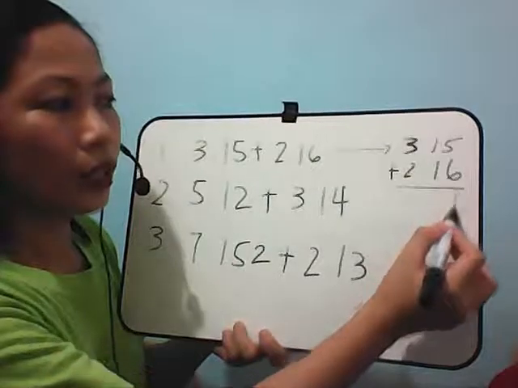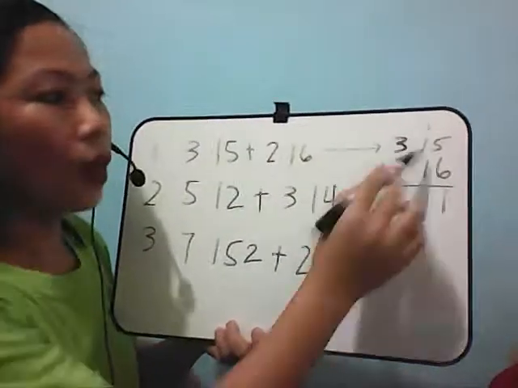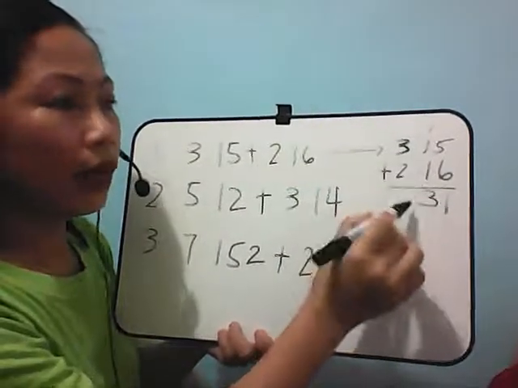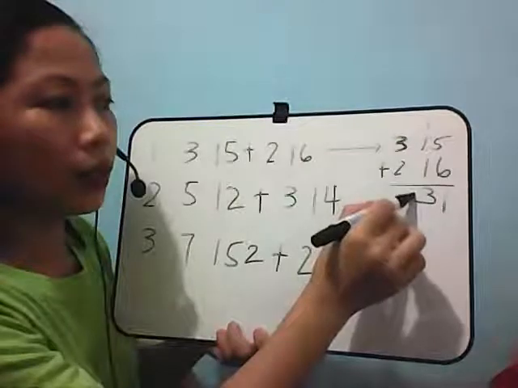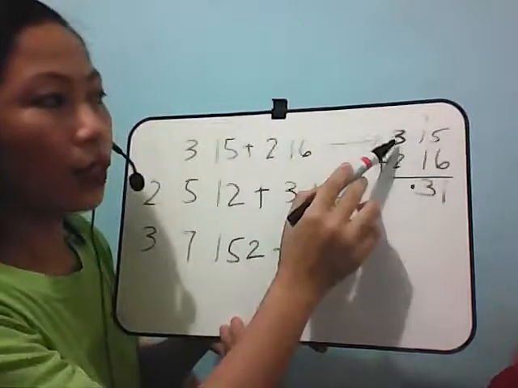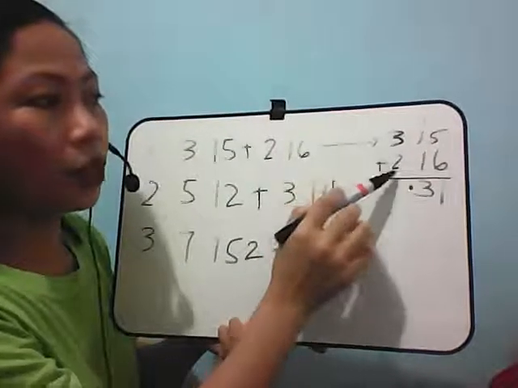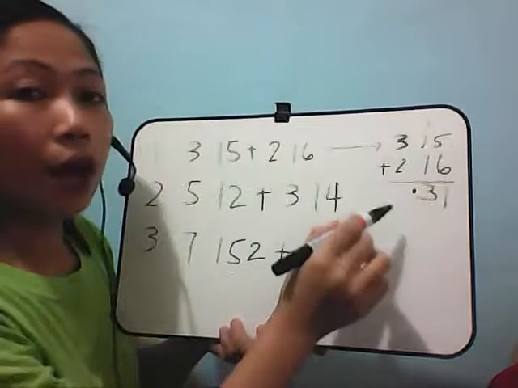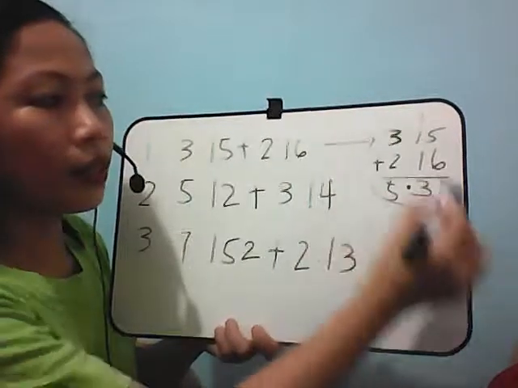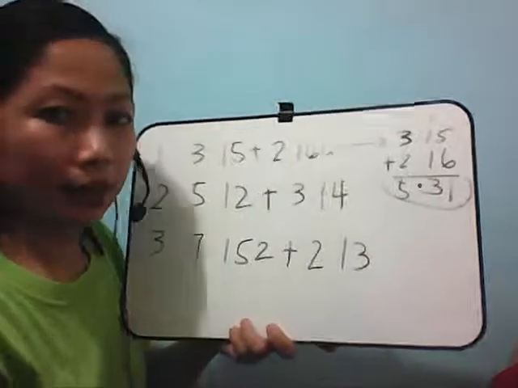So we need to write here 1, then carry 1 above. Okay, so 1 plus 1 is equal to 2, plus 1 is equal to 3. Then we need to write the decimal point here. All right. And then we need to add the whole numbers here. The left side, 3 plus 2 is equal to 5. All right, so our answer here is 5 and 31 hundredths.